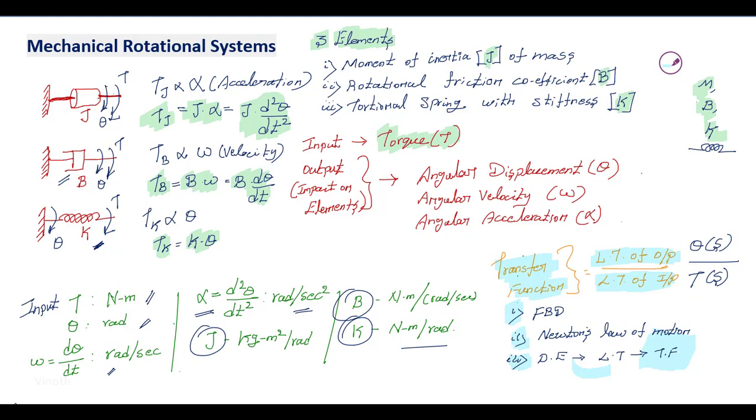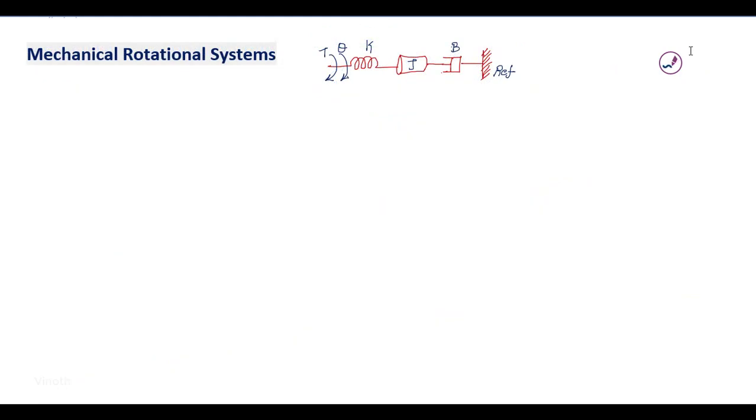Let us see one example of a mechanical rotational system with all these three elements connected together. Here a mechanical rotational system is given, where all three elements, mass, damper and spring, are concentrated at the center of the body, and it is connected with the reference.